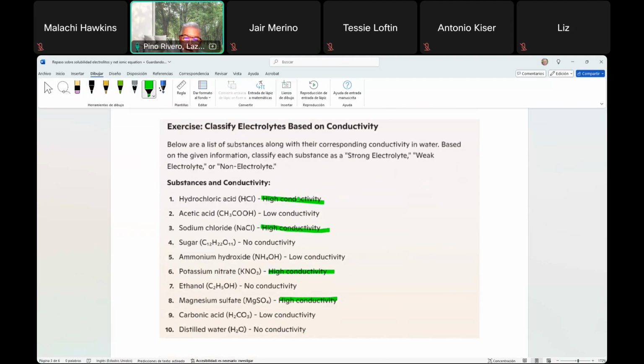Okay, when they have a high conductivity, we say that they are strong electrolytes. Okay? Then these are strong electrolytes because they have a very high conductivity.